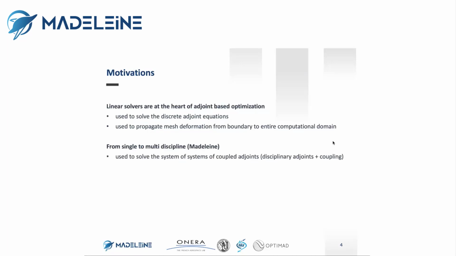Since we are talking about multidisciplinary adjoint, as Francois already depicted, we come up with a system of systems of coupled adjoints. So linear solvers are already a topic when we talk about monodisciplinary problems. But the problem is even much bigger when we talk about multidisciplinary adjoints.